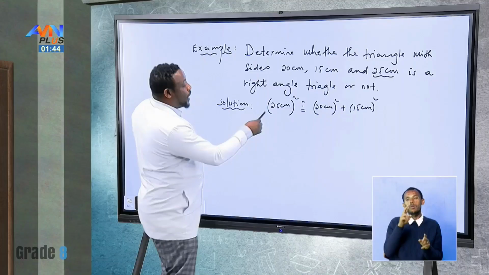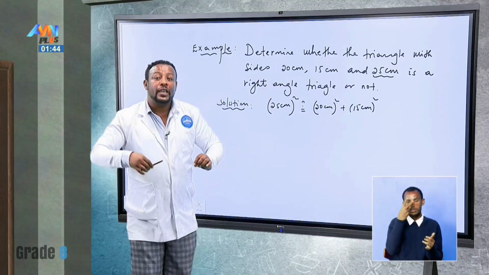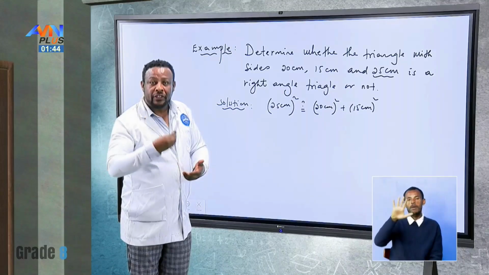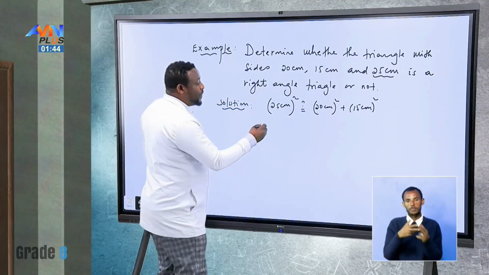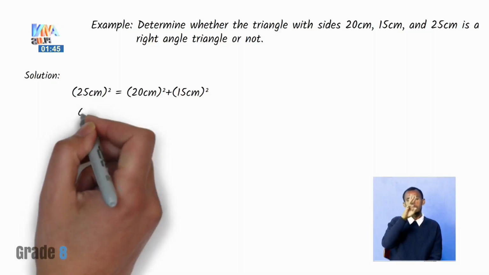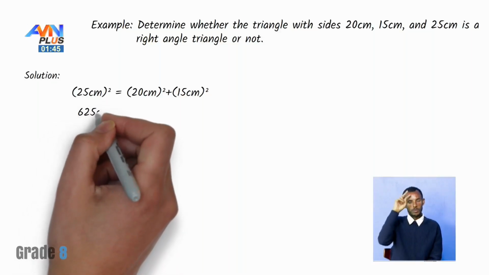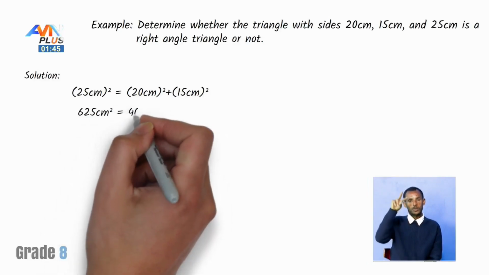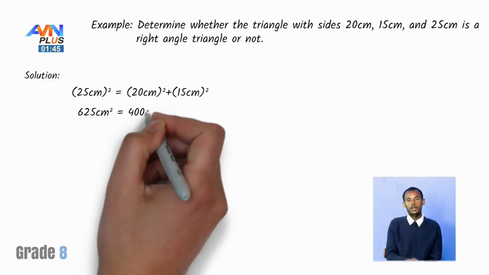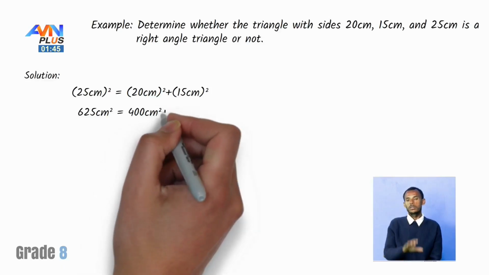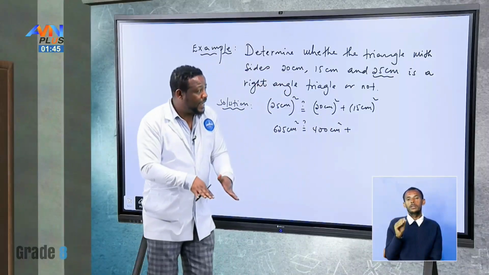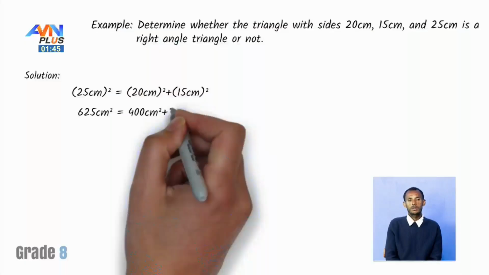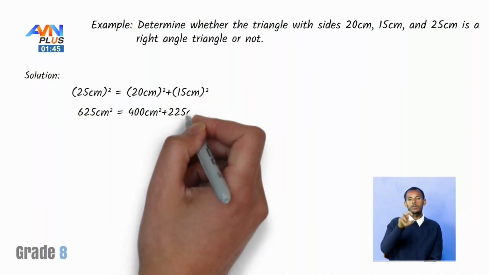So now, 25 centimeter squared means multiply 25 by 25. 25 by 25 is 625. The square of this number is 625, and the square of 20 is 400 centimeter squared, and the square of 15 is 225, so it's 225 centimeters squared.